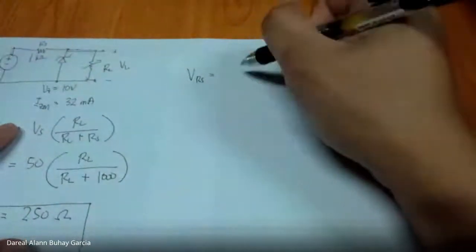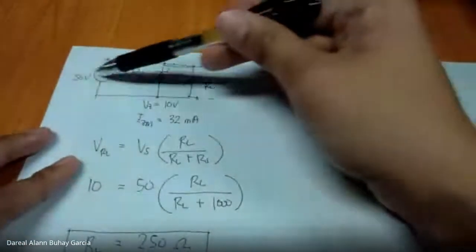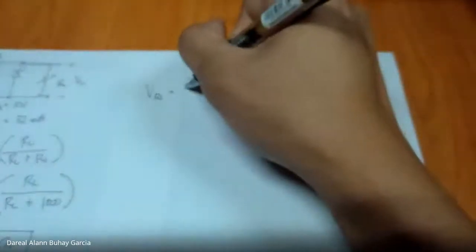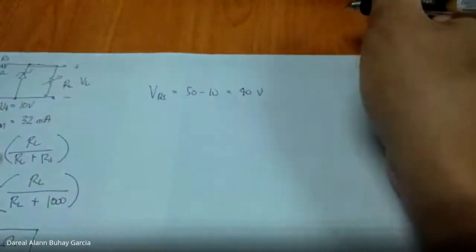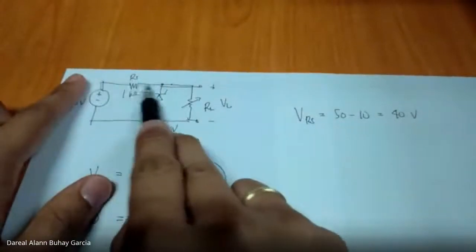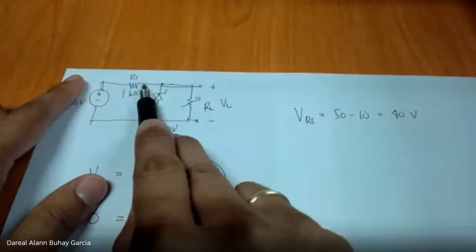Okay. So VRS would be equal to 50 minus 10. So VRS is equal to 40 volts. Since the voltage value here is fixed, the current IRS is fixed.